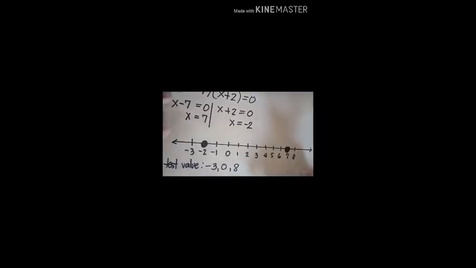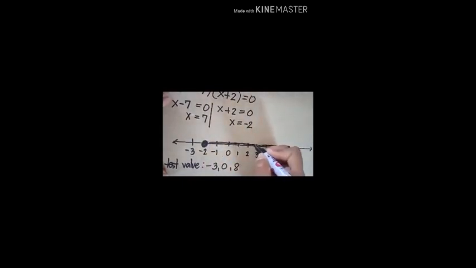Since part siya ng solution set, at yung 0 is the middle region, isi-shade natin itong buong region na to. Yung region na nire-represent ni 0. So, we are going to shade this part.